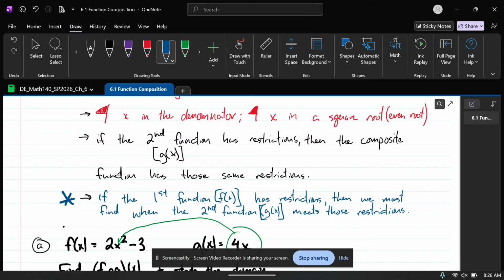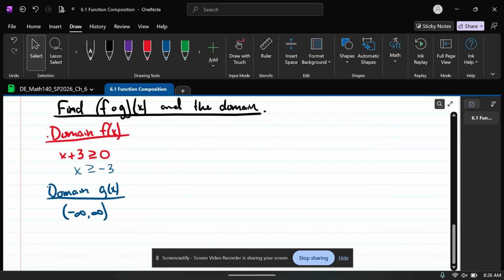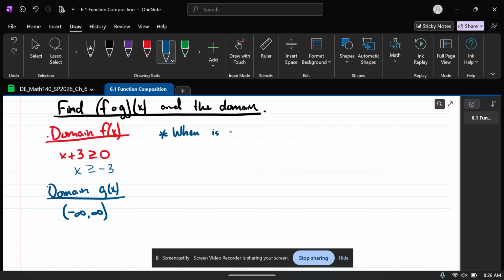When are the y values for g of x greater than or equal to negative 3? Okay, so that's what I've got to answer. When is g of x greater than or equal to negative 3? The easiest way to answer that is just take whatever g of x is equal to, 2x plus 5, and set it greater than or equal to negative 3.